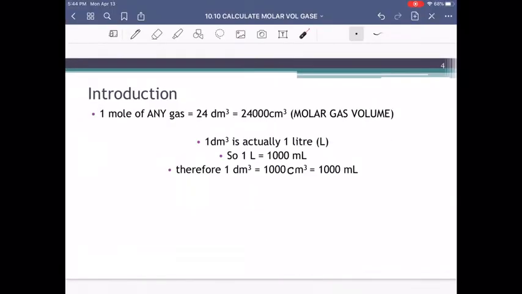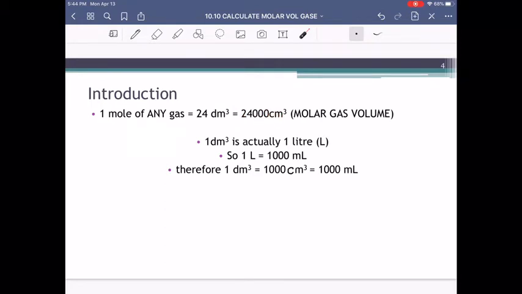Alright, for introduction, 1 mole of any gas is equal to 24 dm cube, which is also equal to 24,000 centimeter cube. Another name for 1 mole of any gas is molar gas volume. So how do we do the conversion actually? Why is 24 dm cube equal to 24,000 centimeter cube?